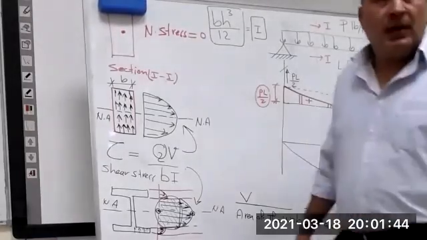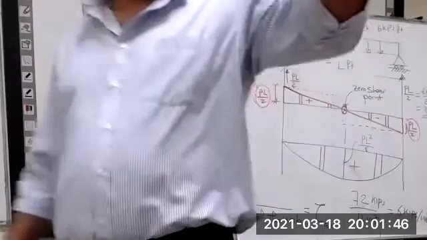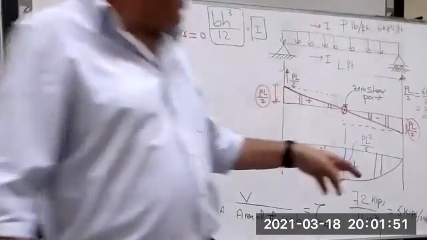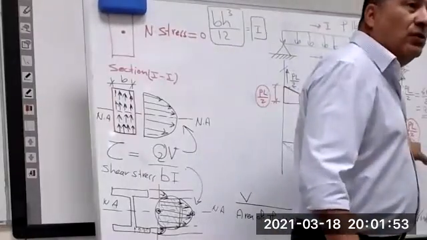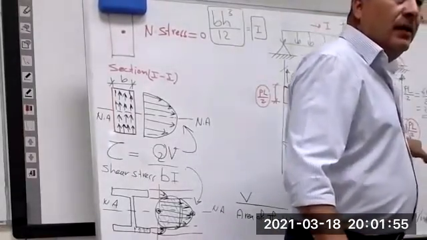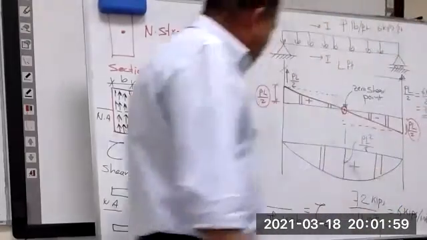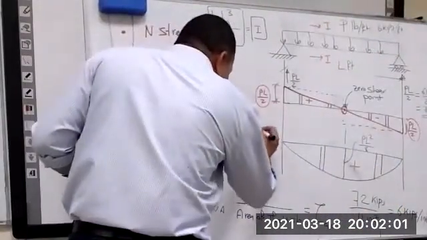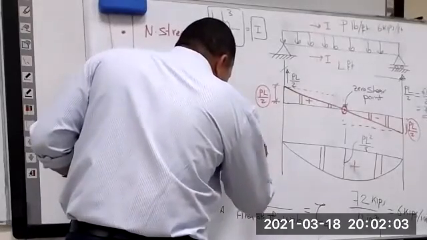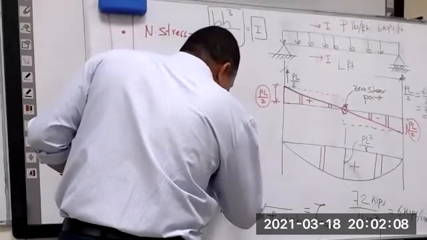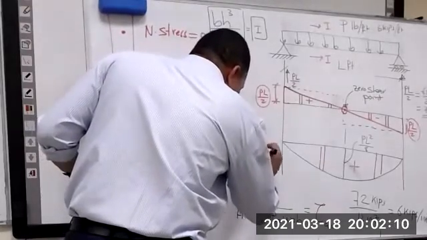Habibi, what is the reaction? The reaction we calculated is B L over 2, 6 into 24 divided by 2, that is 72, correct? The area of the web, this is the 16 inch length and 3/4 width. Here what thickness? 0.75 inch.